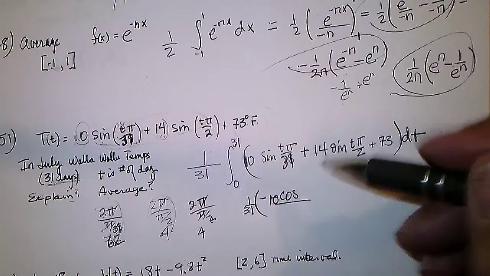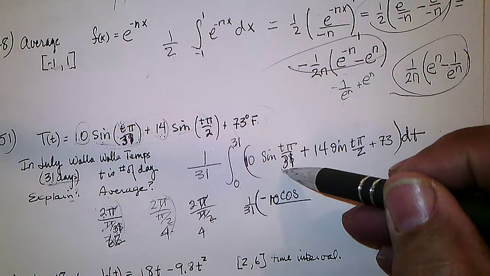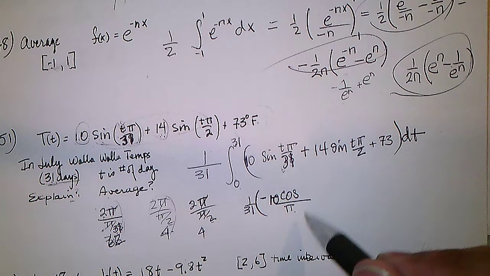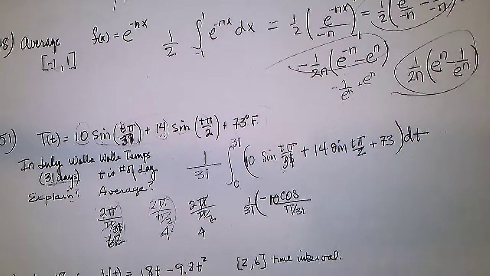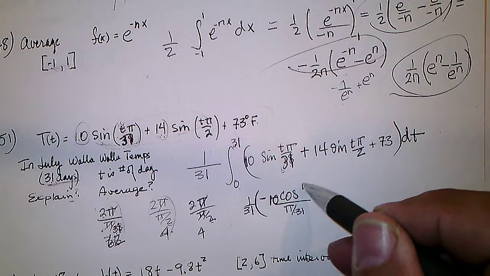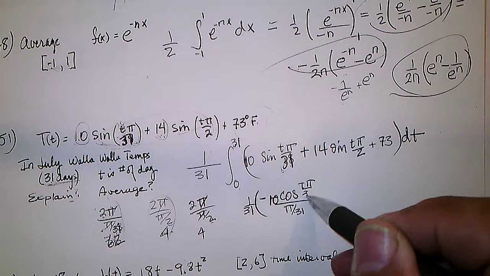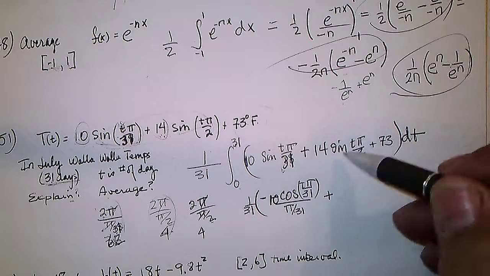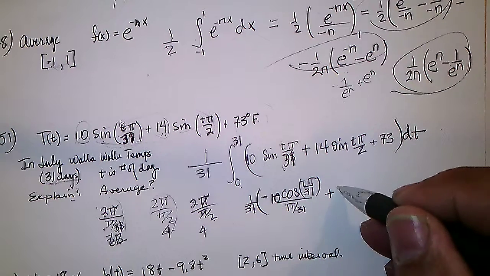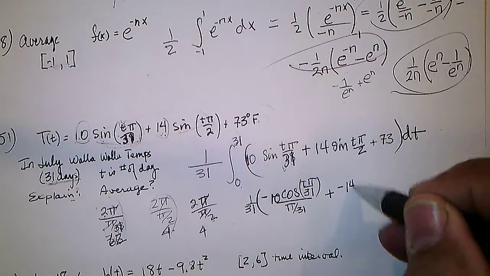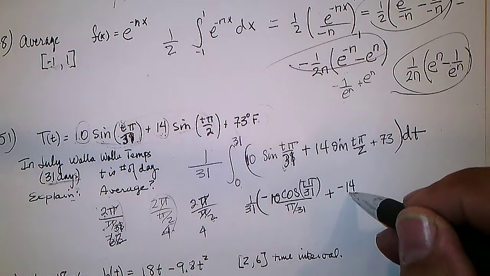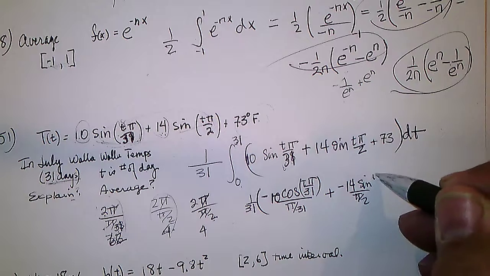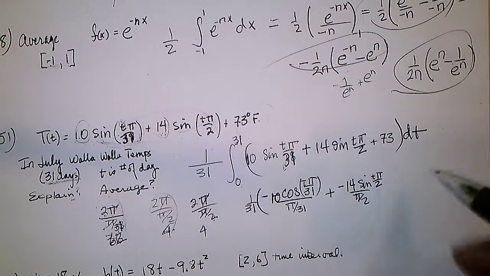But we have to divide it by what we get the derivative of, which should be pi over 31 of t, pi over 31, plus integral of sine, which would be negative cosine, negative, and we've got a 14, and we're going to divide by pi over 2 sine t pi over 2.